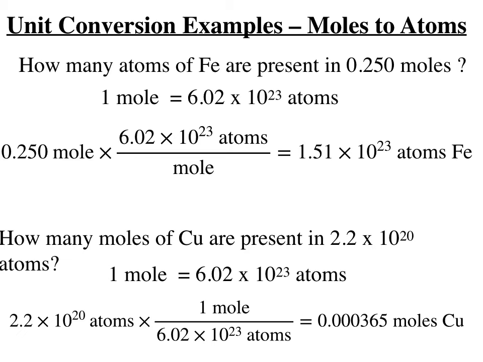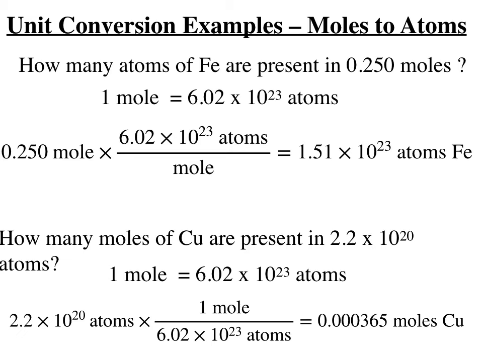In 2.2 times 10 to the 20 atoms of iron, there is 0.000365 moles. In 2.2 times 10 to the 20 atoms of sodium, there's 0.000365 moles of sodium. Not only is this true for atoms, it's true for molecules as well.